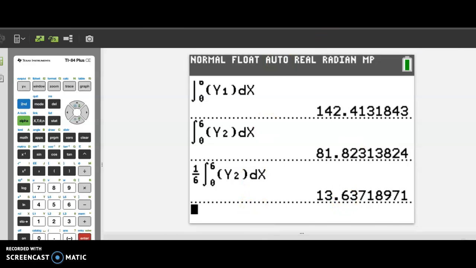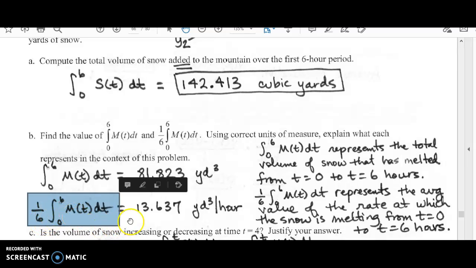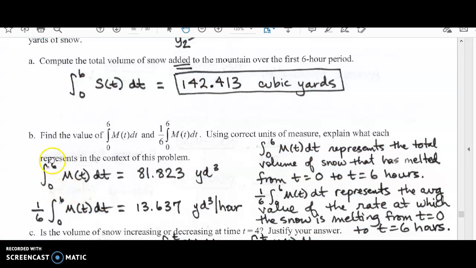I'm going to go back to the answer key instead of writing it down myself. Notice that that was an average value problem for a rate. So this is average rate. That's why when we did the integral, we took away a unit, but because this is a slope problem, it's almost like we took away a unit and put it back in.